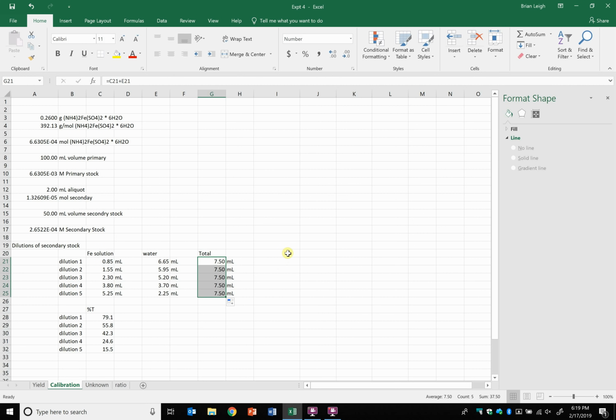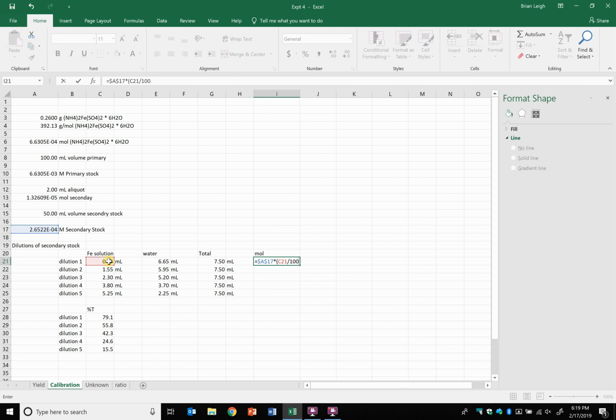Okay. And so now we're curious how many moles of that iron bipy solution made it into that compound, right? So the number of moles is going to be, of course, once again, the secondary stock concentration, which we'll fix with dollar signs, multiplied by the volume we put in, which is here.